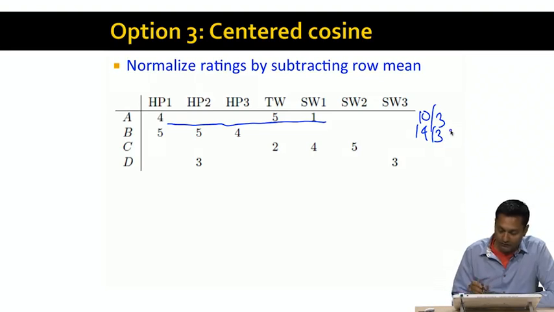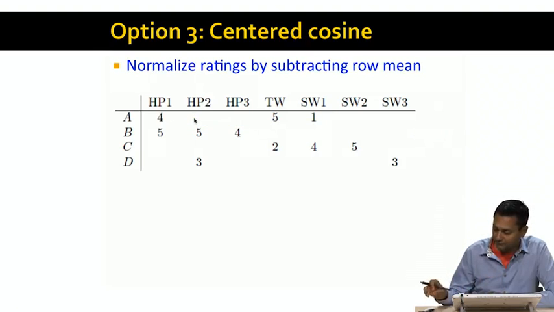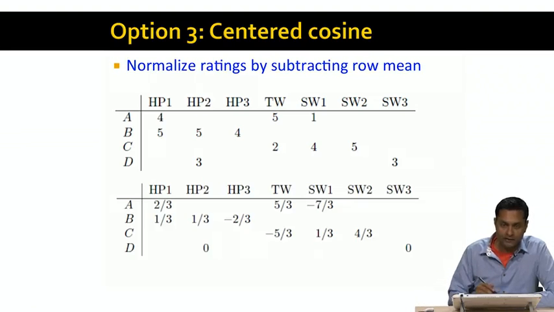What we're going to do is go through the row for user A, and subtract the row mean, which is 10 over 3, from each of the ratings, except the blank ratings, which we're going to treat as zeros. When I do that, here's the modified rating matrix that we end up with.